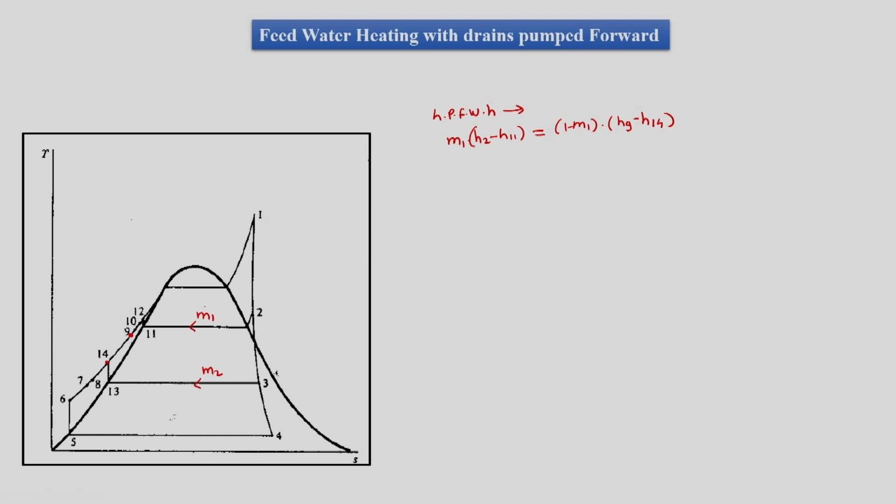Okay, but then there is a high pressure drain pump, which has pump work. We will say this is pump 1, this is pump 2 and this is pump 3. WP3 is equal to H12 minus H11. Now we have liquid at 12 at boiler pressure, and this liquid at 12 is handling mass M1.